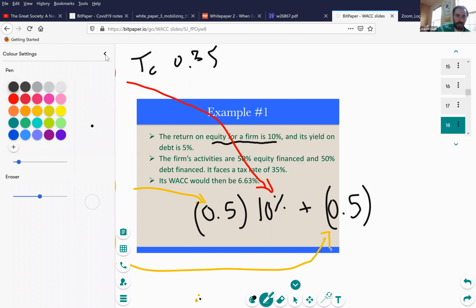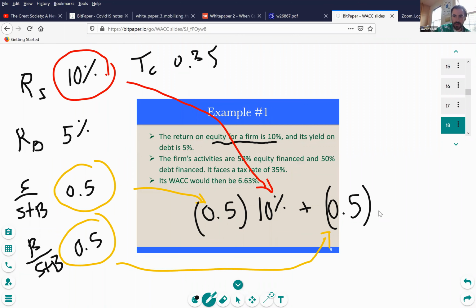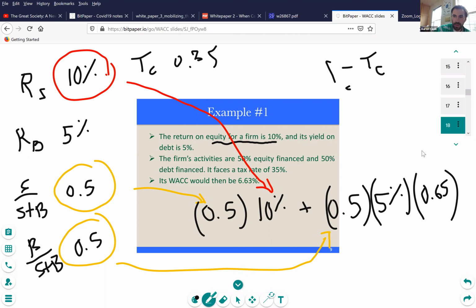The cost of debt is 5%, and then the tax rate is 35%. So this would be 0.65, because you take one minus the tax rate is what goes right there, and we have TC equal to 0.35.